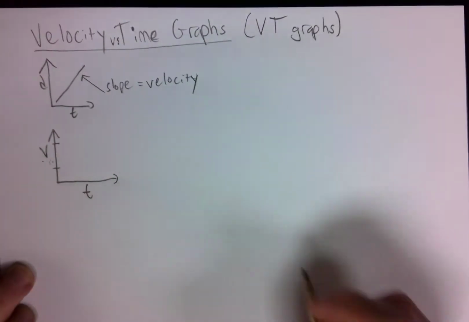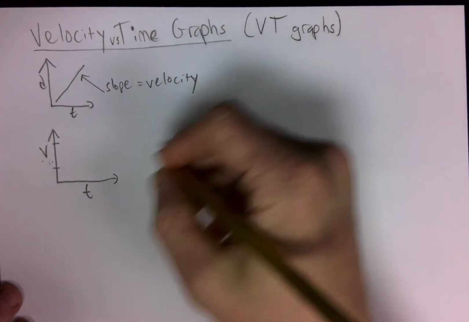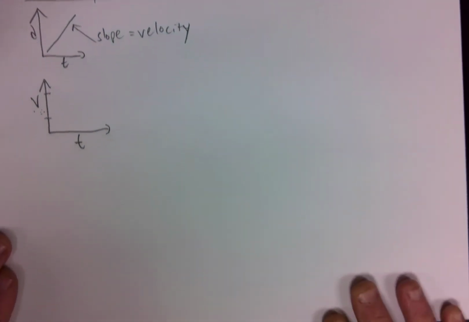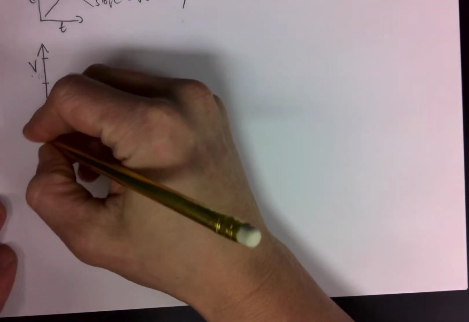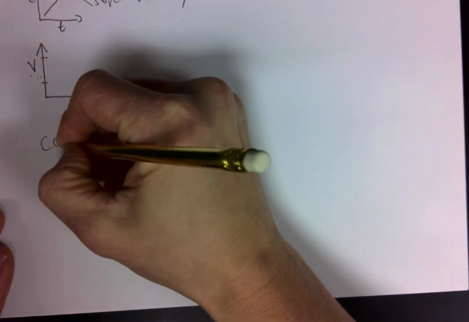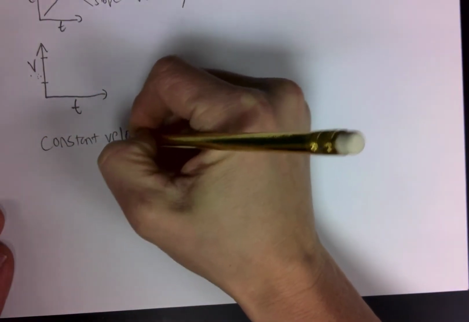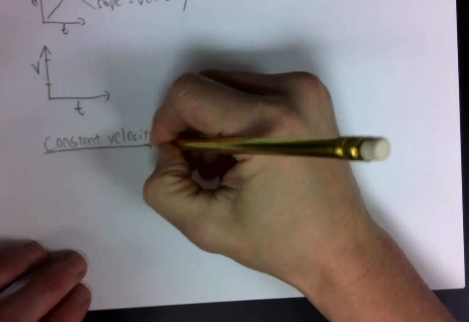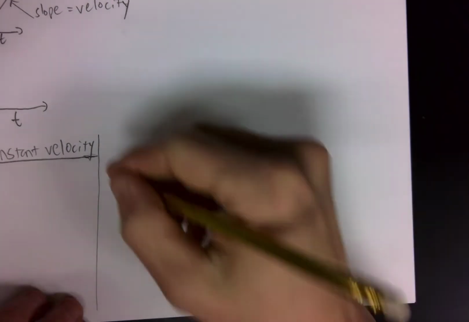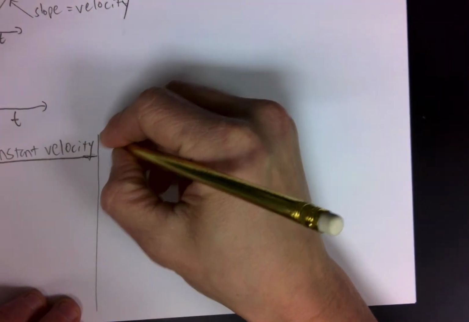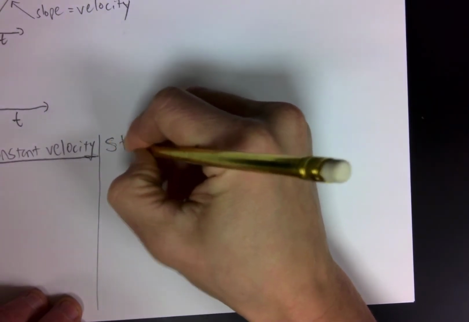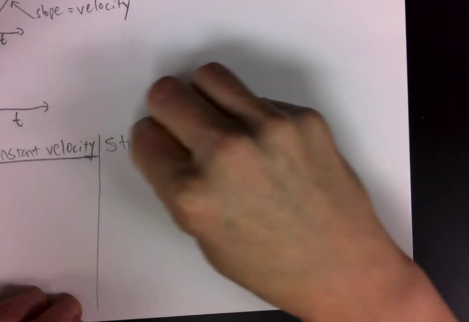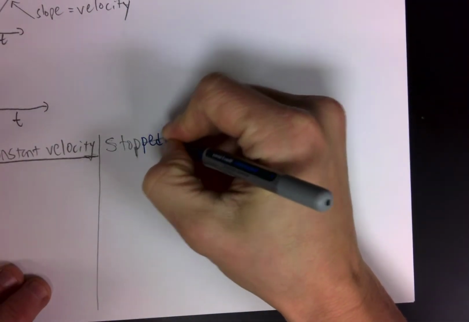All right, so there are 4 graphs you need to know on a velocity versus time graph. The first one you need to know is constant velocity. And the next one you're going to need to know is stopped.